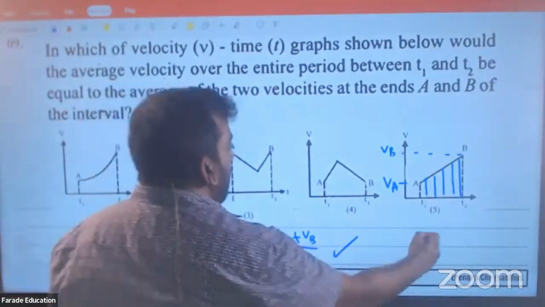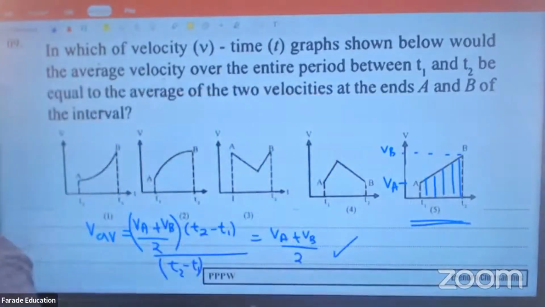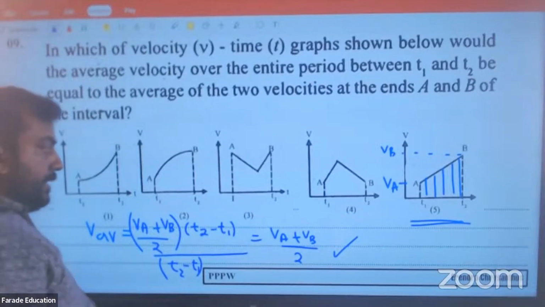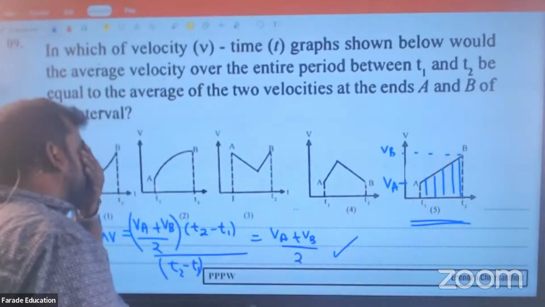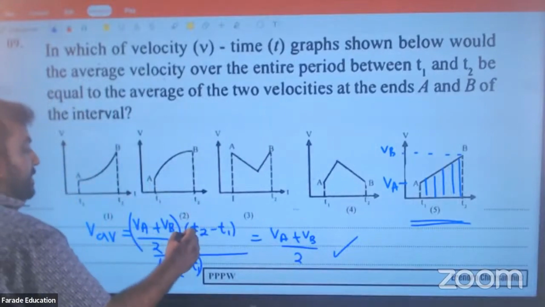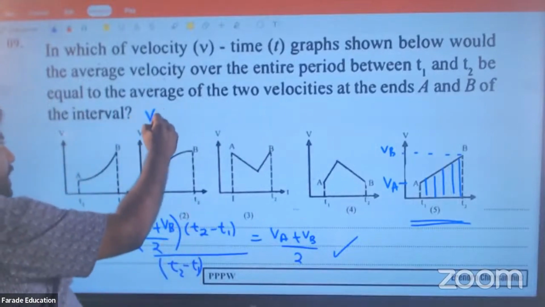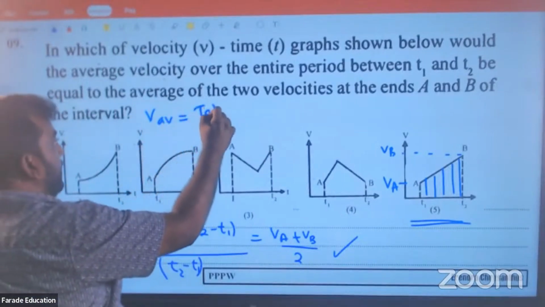So the average velocity is equal to the average of both the velocities at the ends. Correct answer is answer number 5. How do you find the average velocity? Total displacement over total time. If you do the substitution, this is your displacement divided by time.